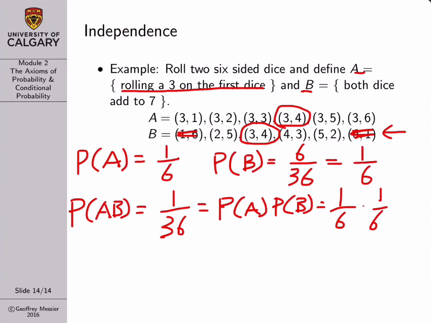So A occurring does indeed shrink our universal set, but it shrinks it to the point where the probability of B, given that A has occurred, is still just equal to 1 over 6, because there are 6 possible outcomes and only one of them corresponds to satisfying B. And so there is influence here, but it's influence in such a way that we still satisfy our independence equation.